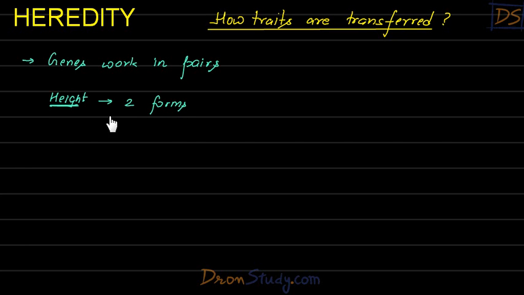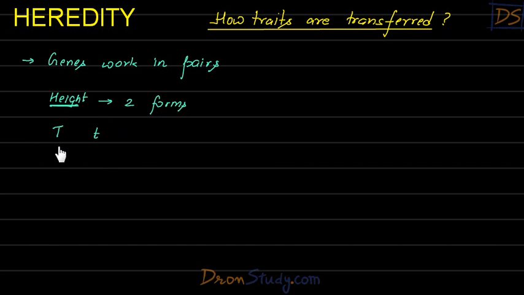One of the forms will be denoted by capital T, another form will be denoted by small t.